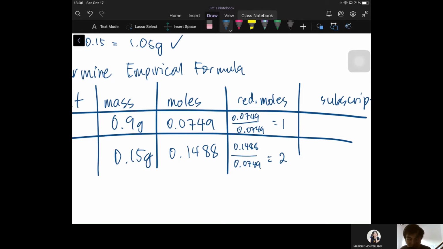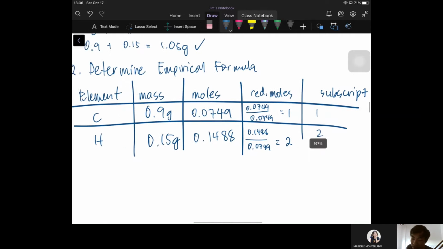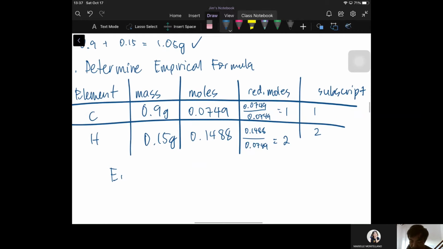Pero kapag kunwari 0.98, 0.97, gawin mo na yung whole number, no? So, ganun lang. So, that's 1, 2 to. So, the subscripts are 1 and 2. So, that means the empirical formula of the compound is CH2.